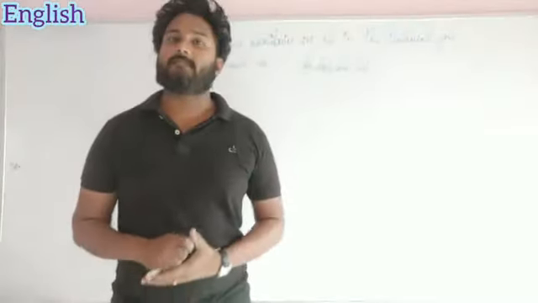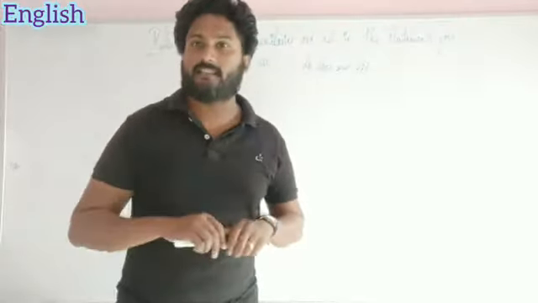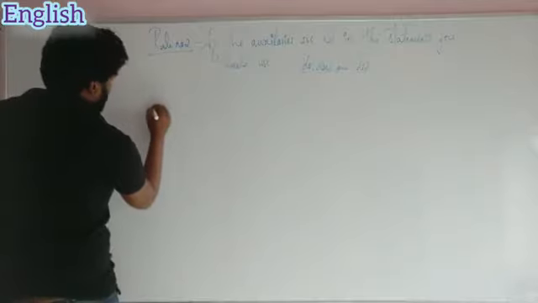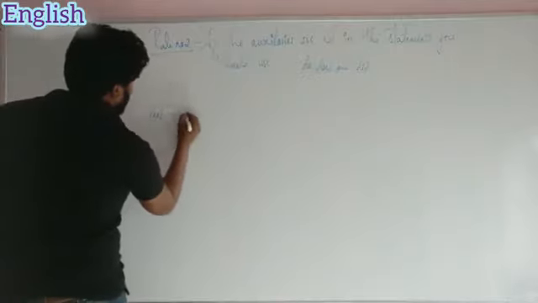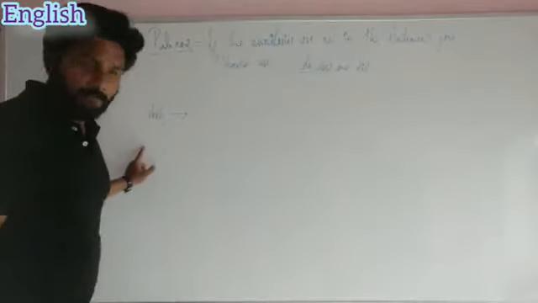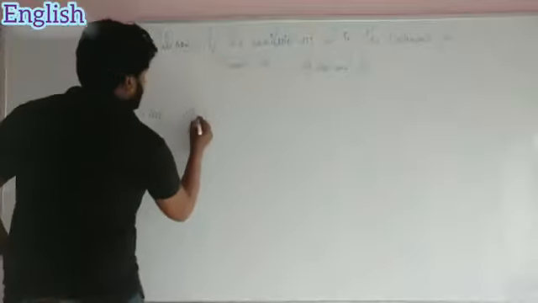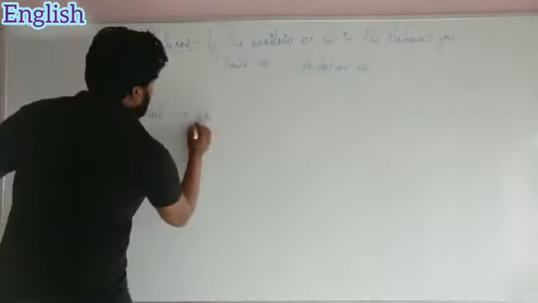And these three words depend on the shape of the verb. There is one rule, just go through it. If the verb is in the first form, ಕ್ರಿಯಾಪದ ಒಂದೇ ಆಕಾರದಲ್ಲಿದ್ದಾಗ, you should use do. The word do should be used.